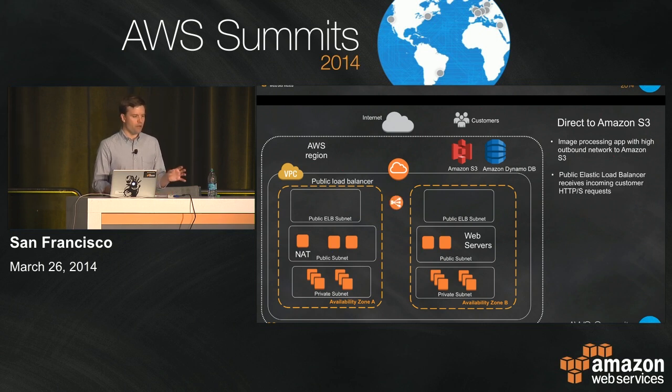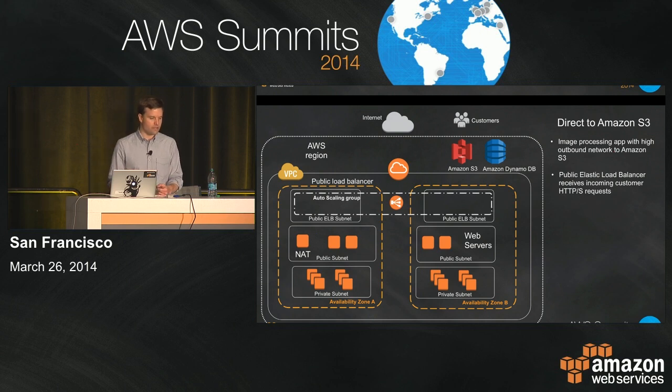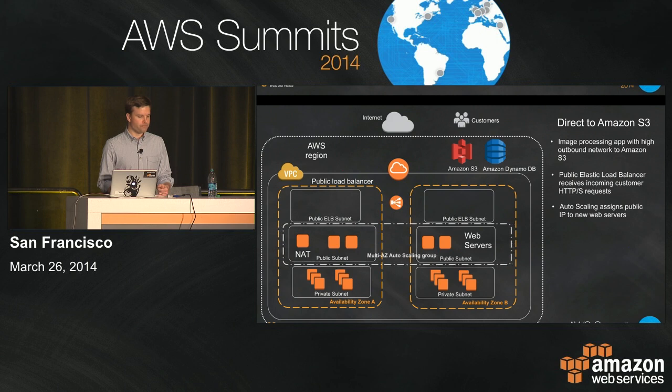Here we deploy a public elastic load balancer that would receive all those incoming customer requests. That's obviously in its own autoscaling group across 2 AZs. The autoscaling group for the web servers itself is configured to automatically assign public IPs.